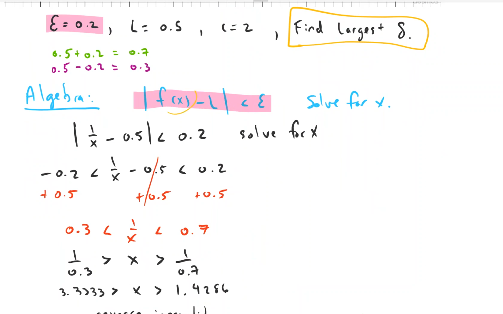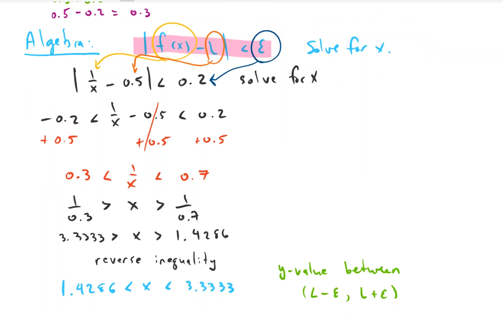So the function is 1/x. The limit is 0.5, and epsilon is 0.2. We just plug them in, and now we just solve for x. Now we just have an algebra exercise. So to get rid of the absolute values, we need to have a negative 0.2 on the left and a positive 0.2 on the right.